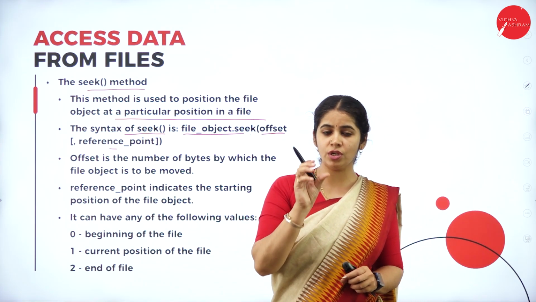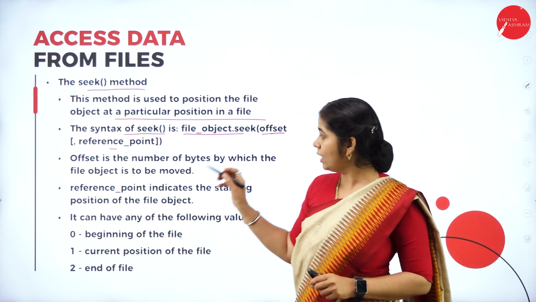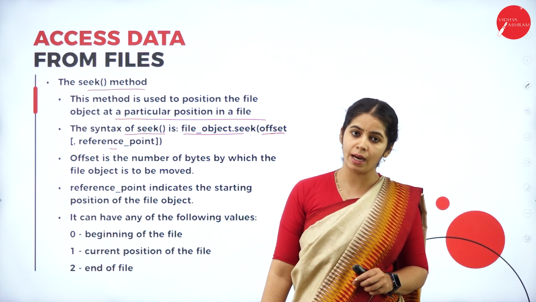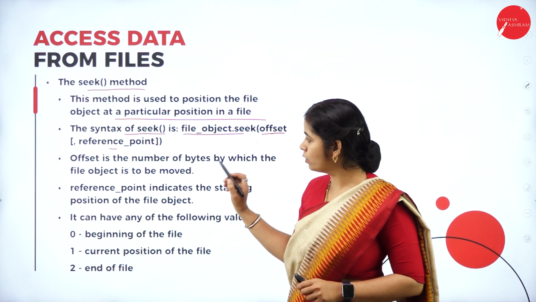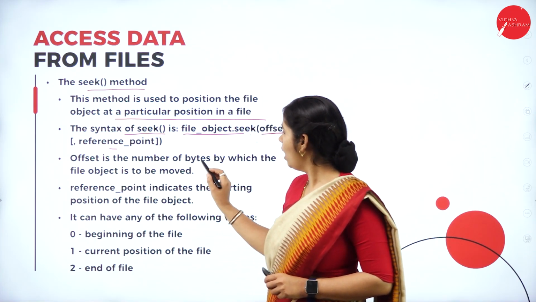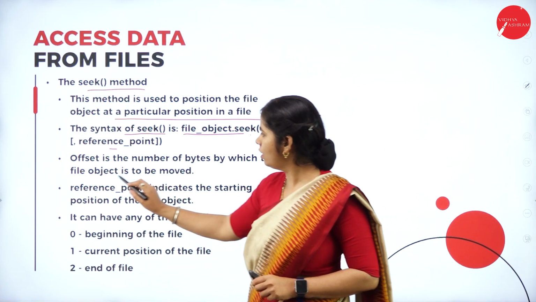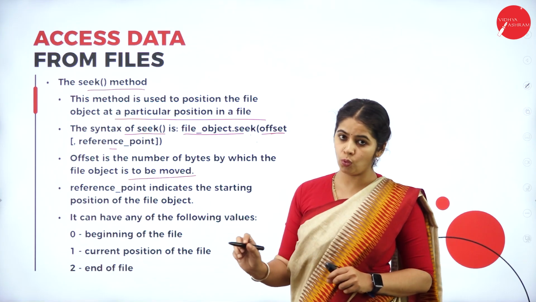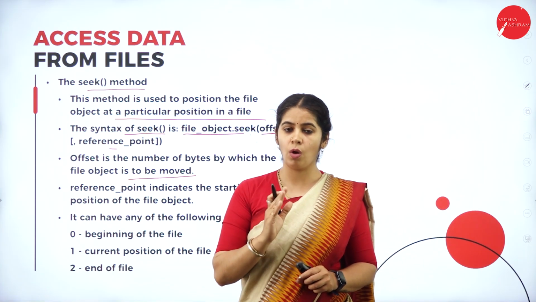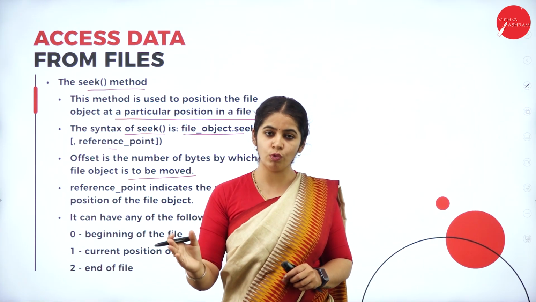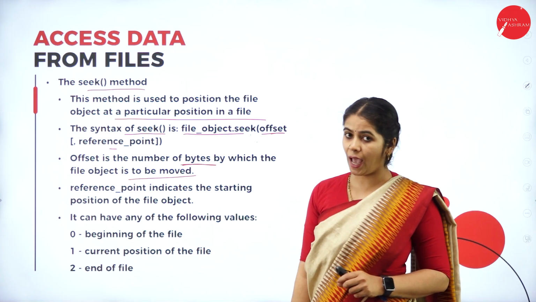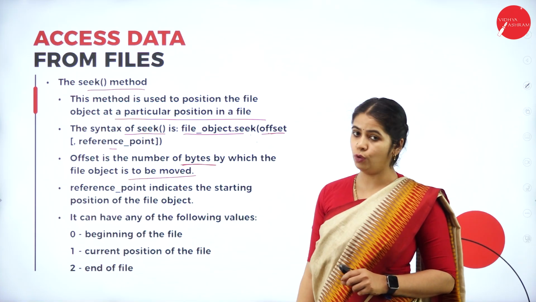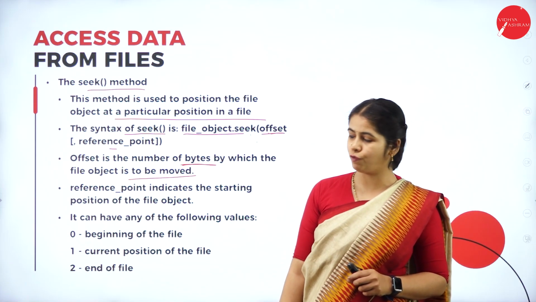The position we have to seek has to be passed as a parameter here. The offset is the number of bytes by which the file object is to be moved. How many locations we have to move the file object is given as the offset value in the parameter of the seek function.